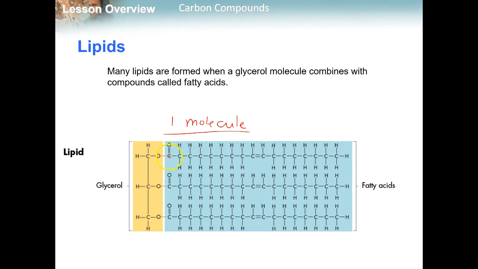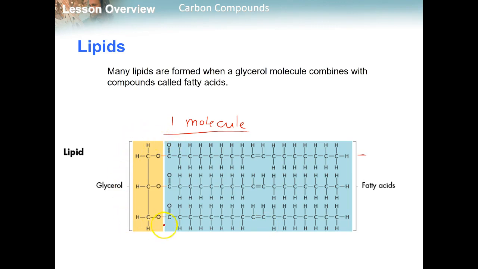Here's our backbone. We've got carbon as our backbone in there, and there, and there. Each one of these little lines of carbons is a type of fatty acid. I can tell what type of fatty acid it is by the bonding that I'll see here, and we'll talk about that in just a few minutes.